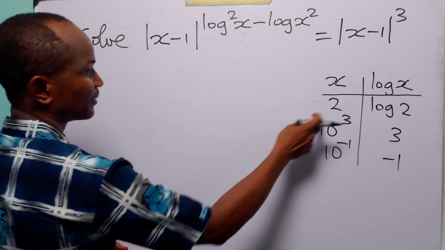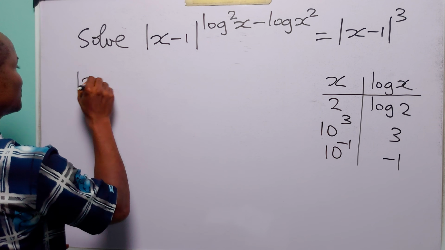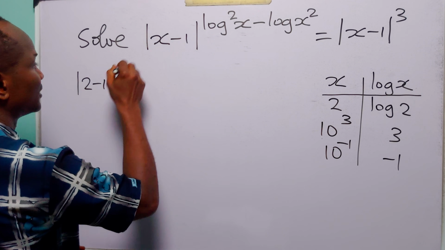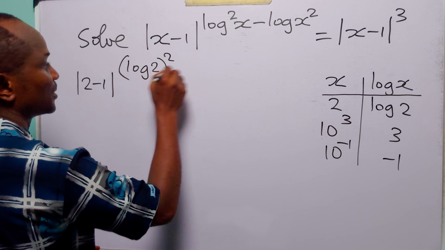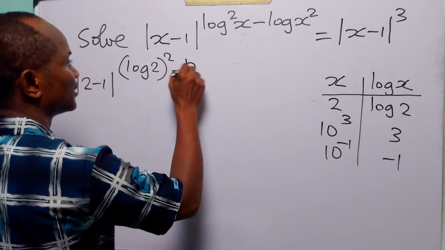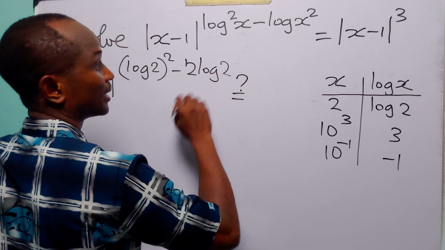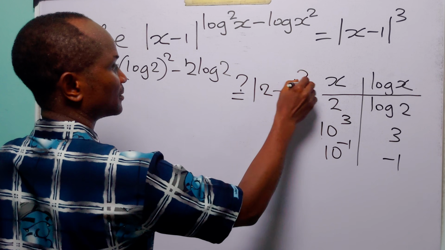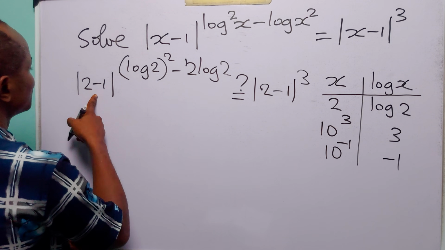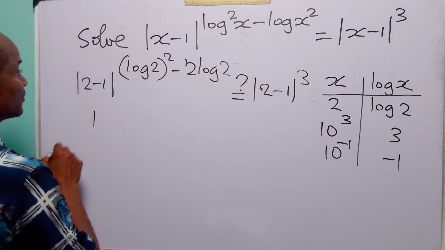When x is equal to 2, we have the absolute value of 2 minus 1 to the power log 2 squared minus 2 times log 2. And here we have the absolute value of 2 minus 1 to the power 3. 2 minus 1 is 1, and the absolute value of 1, of course, is 1.